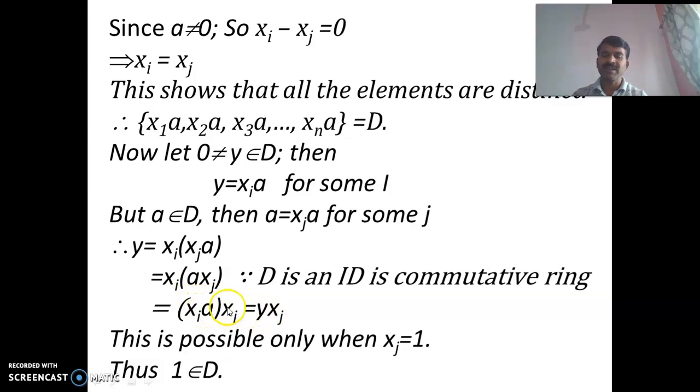That means xia, which is y, equals y xj. This is possible only if xj is 1. Thus D has a unit element.